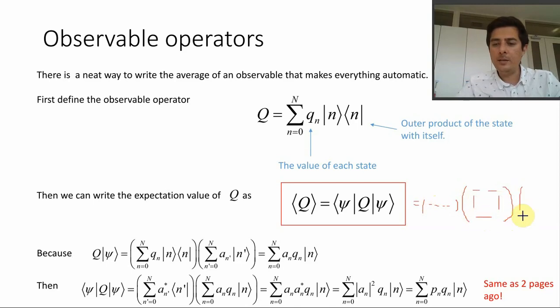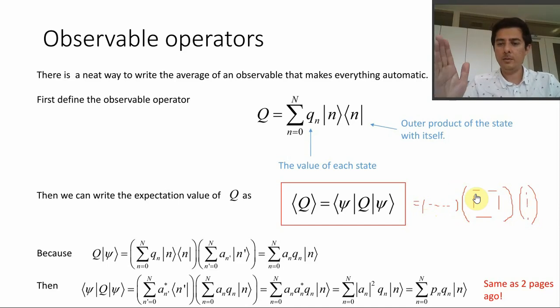And then this state vector is a column, so it looks like this. So it's basically the row vector multiplied by this matrix multiplied by the column vector, and this gives a number because when you multiply a vector by a matrix, you get another vector.